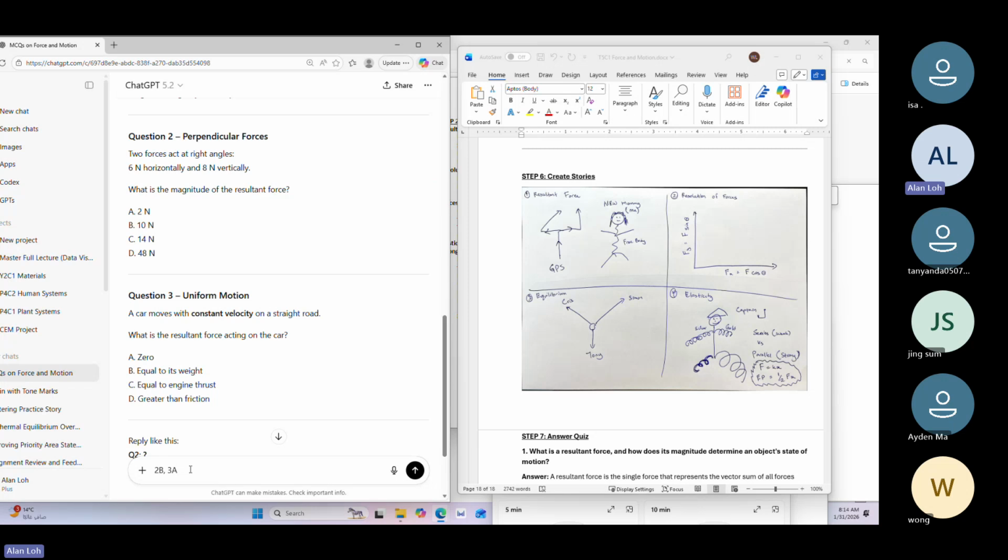Anyone who did not agree on the answer, just raise your hand or tell me. 2B, 3A. Xingling, which drawer? Quickly. We are running out of time. We actually exceeded the time.